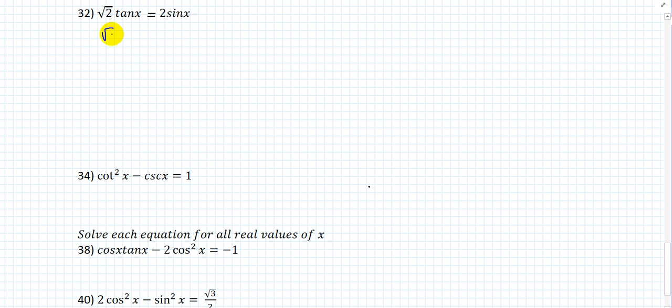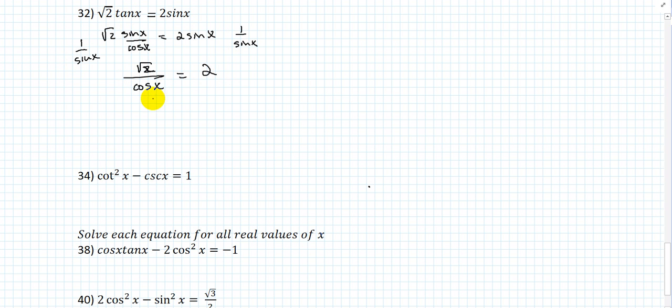We know that tangent equals sine x over cosine x, so root 2 sine x over cosine x equals 2 sine x. And then if you just divide both sides by sine x, you can see that sine x cancels out, and we get root 2 over cosine x equals 2.